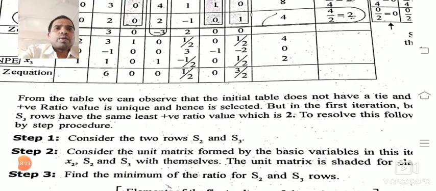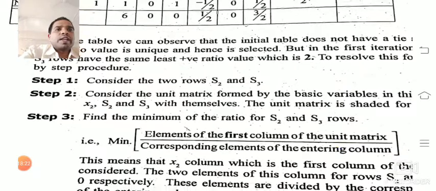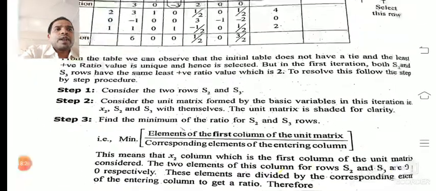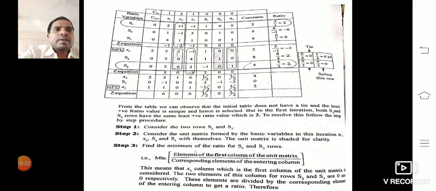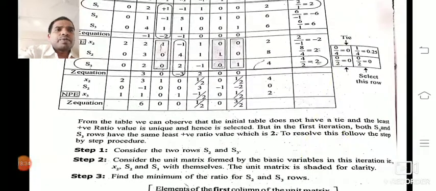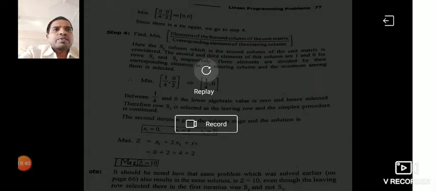To resolve this problem, we follow the steps: consider the two rows s2 and s3 and apply the elements of the first column of the unit matrix divided by the corresponding elements of the entry column. I have explained everything in this table, the same procedure, step 1, step 2, step 3, all the steps we need to follow.